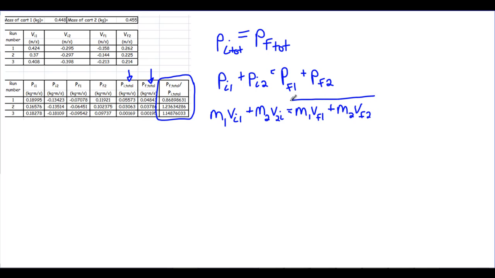Now this equation we can actually use to make predictions on an object's velocity, or an object's direction of motion after a collision. We can also use this to make predictions or ascertain data that happened before a collision.